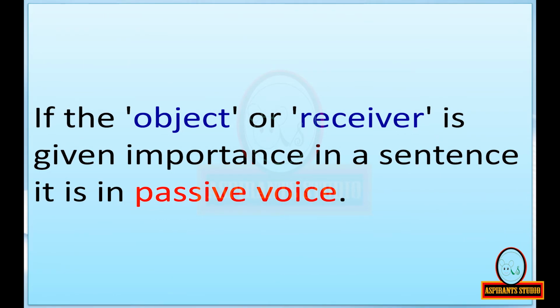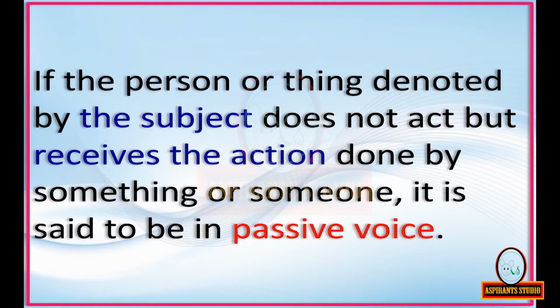If the object or receiver is given importance in a sentence, it is in passive voice. If the person or thing denoted by the subject does not act but receives the action done by something or someone, it is said to be in passive voice.